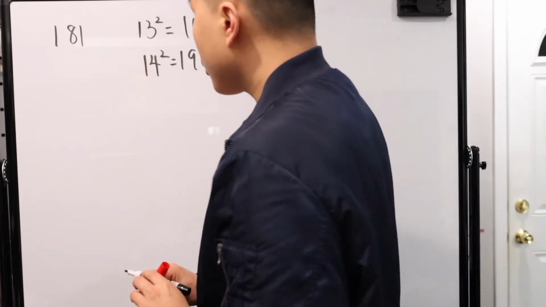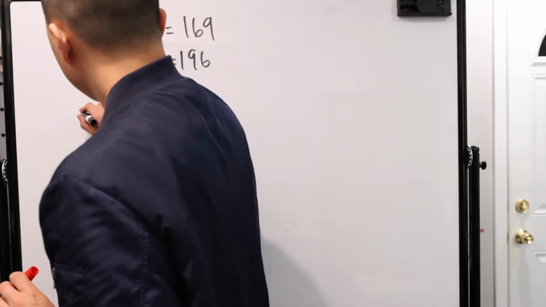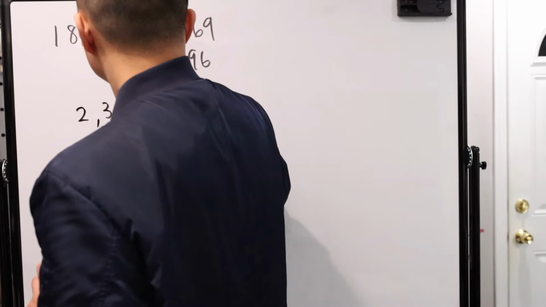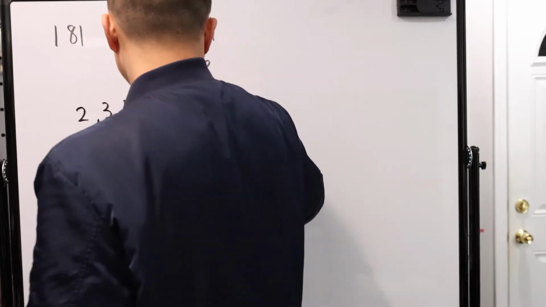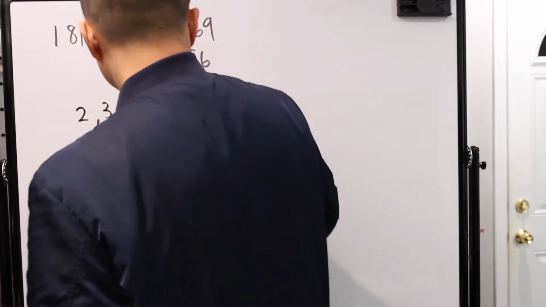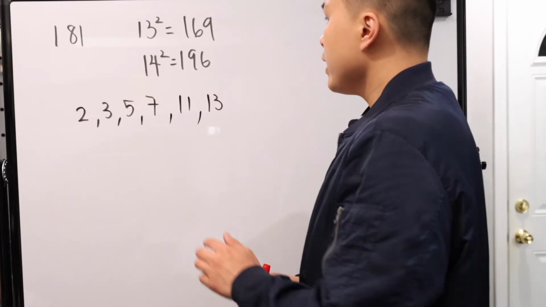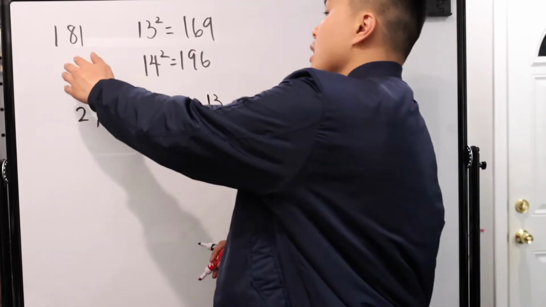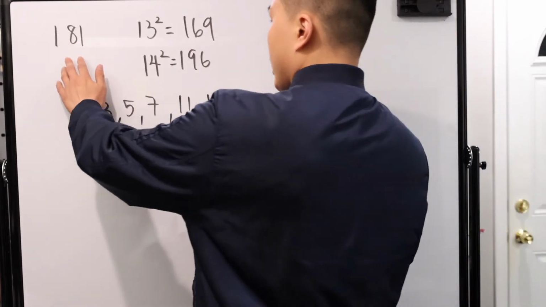So if we list all the prime numbers, 2, 3, 5, 7, 11, 13, right? And see if it can divide into this guy. If it can, then, well, guess what? This is not prime. If it cannot, then all of a sudden we know that this guy is prime.